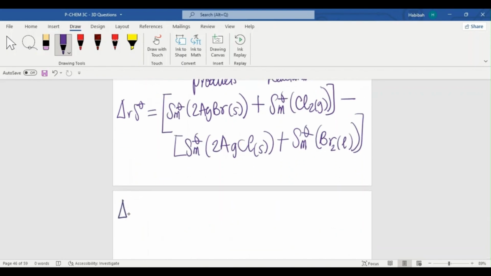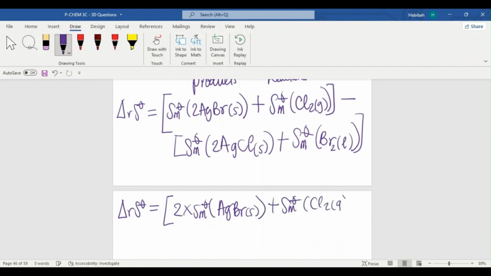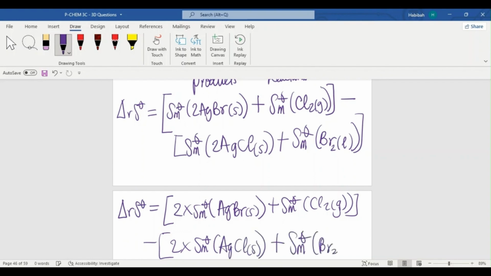Of course, now we just reorganize again for the second time. So you have 2 times the molar entropy of AgBr solid, just like we did the first time, plus the molar entropy of chlorine gas, minus 2 times the molar entropy of AgCl solid, plus the molar entropy of bromine liquid.